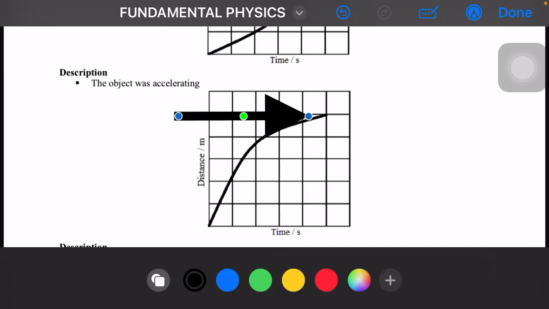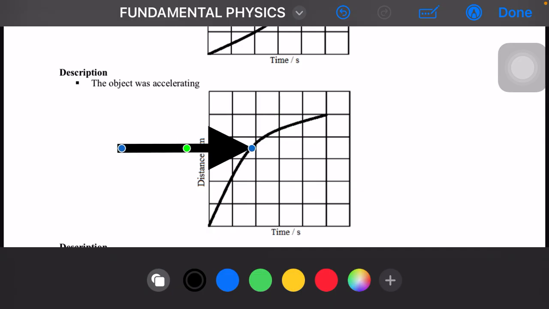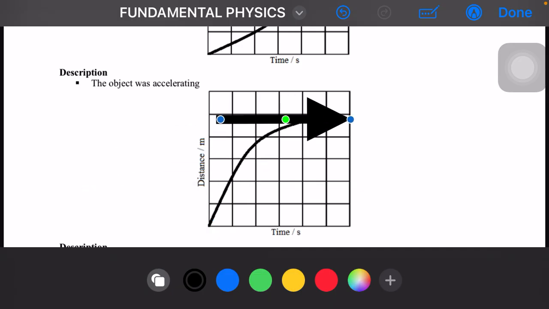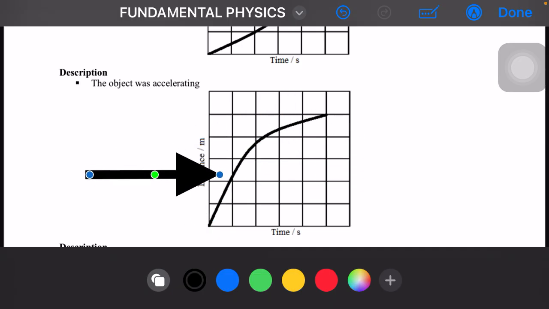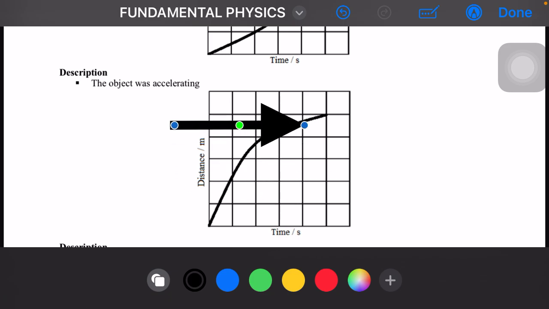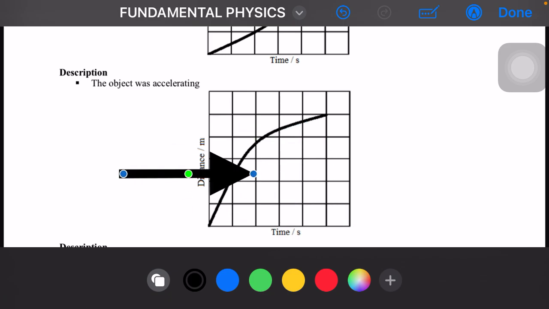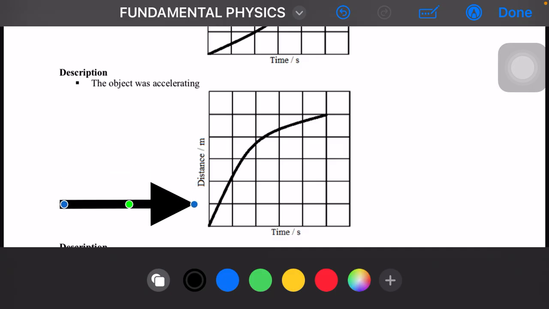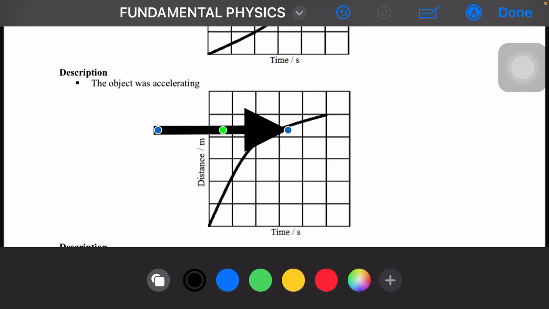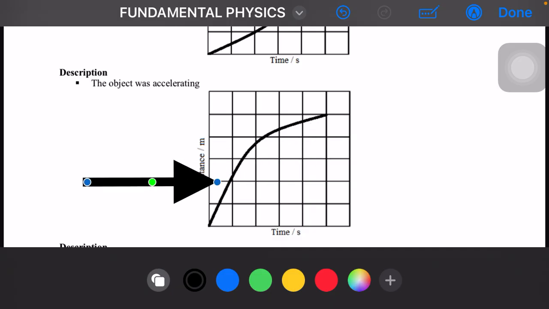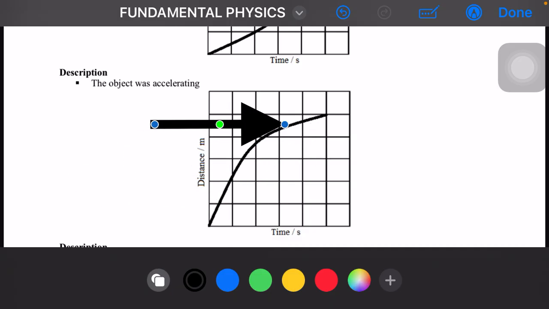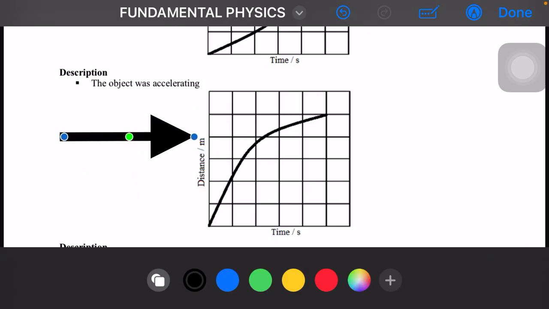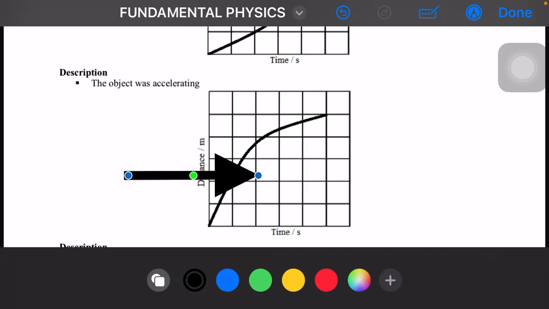If you continue this graph, it will form a curve, showing that the object is decelerating, and eventually it will reach zero speed. It will form a horizontal line there. That's how you're able to tell, okay, this object is accelerating, this object is decelerating under a distance time graph.